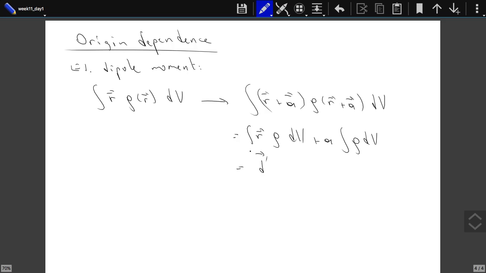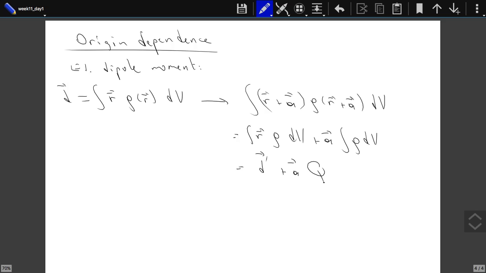This will be the dipole moment corresponding to the old origin plus A times Q. So unless the total charge of your system is zero, your dipole moment will depend on the choice of your origin. The monopole moment should be zero for the electric dipole to be independent of your choice of the origin.